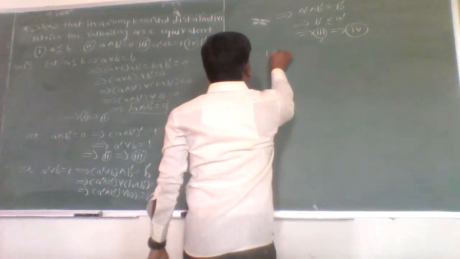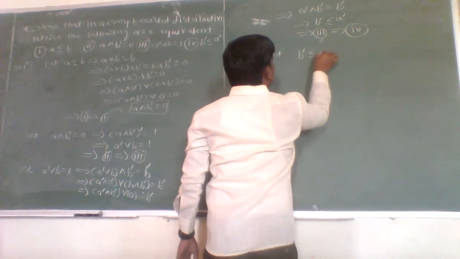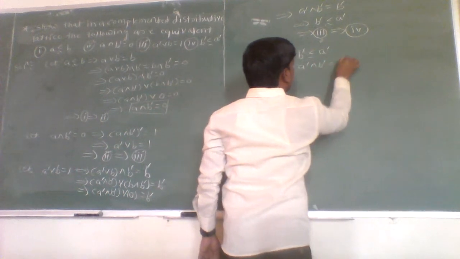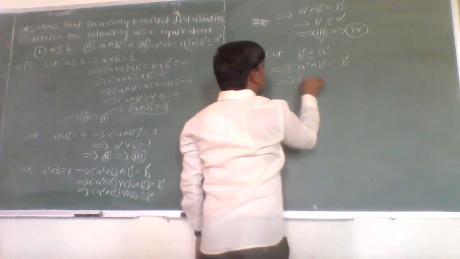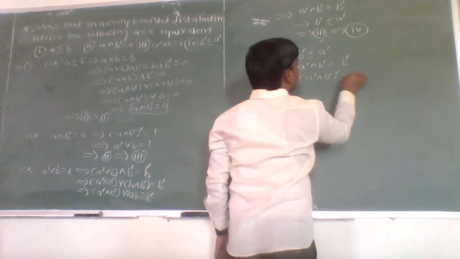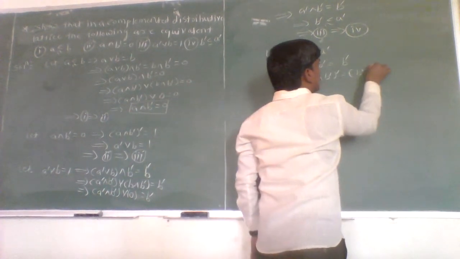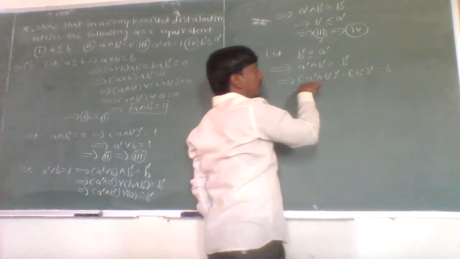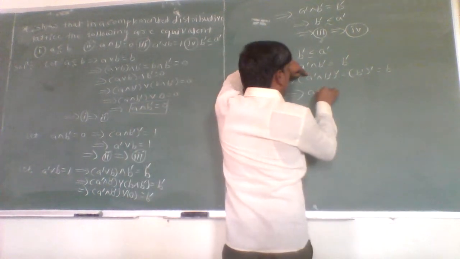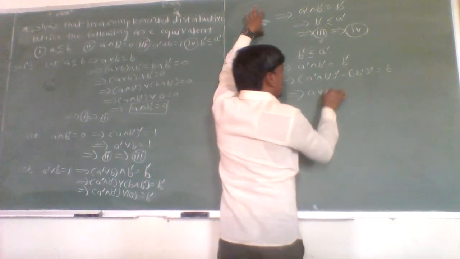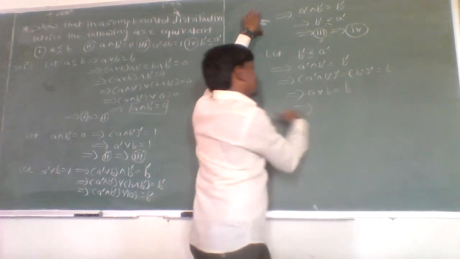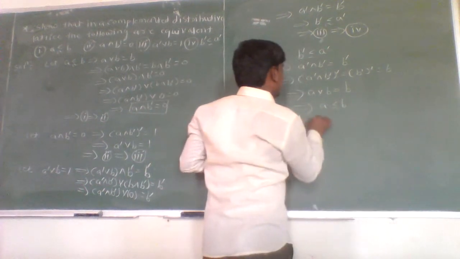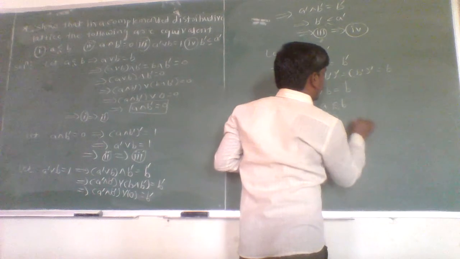Now it remains to prove that 4 implies 1. Let B dash precedes A dash, which implies A dash meet B dash is equal to B dash. Now let us take the complement on both sides. Complement of (A dash meet B dash) is, according to De Morgan's law, A join complement of B dash, which is B, equal to complement of B dash, which is B. So A join B is equal to B. Again, by the definition of precedes, A join B equal to B implies A precedes B, which implies 4 implies 1.